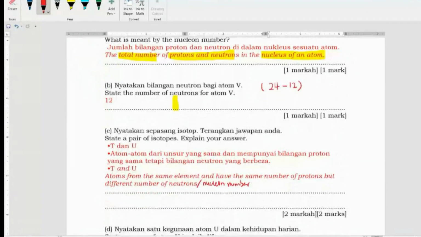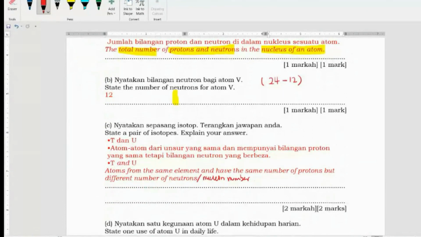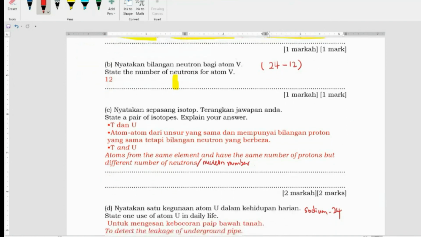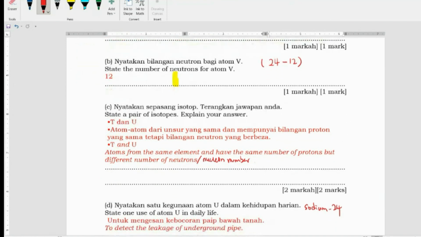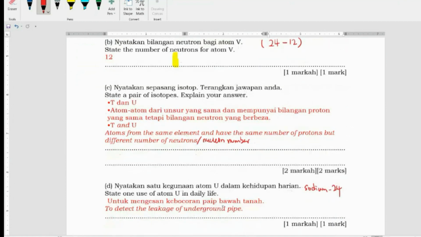Siapa boleh jawab? Identify the location of blood clot in blood vessel. Okay, this one is one of the example uses. Selain itu, boleh juga ini ya. Detect the leakage of underground pipe. Ini hampir sama dengan apa yang Willy sebutkan tadi.